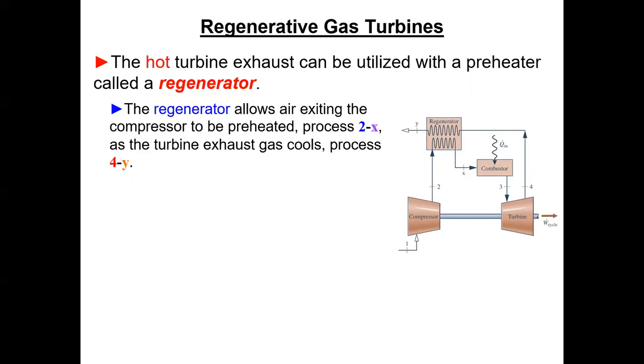We've got fairly warm air coming out of the compressor at high pressure, but we've got super hot gases at 4. Why don't we just put a gas-to-gas heat exchanger in and transfer energy from what's coming out at 4 into that air that's at 2 and heat it up before we go to the combustor, so the combustor will require less fuel to get to the same point.